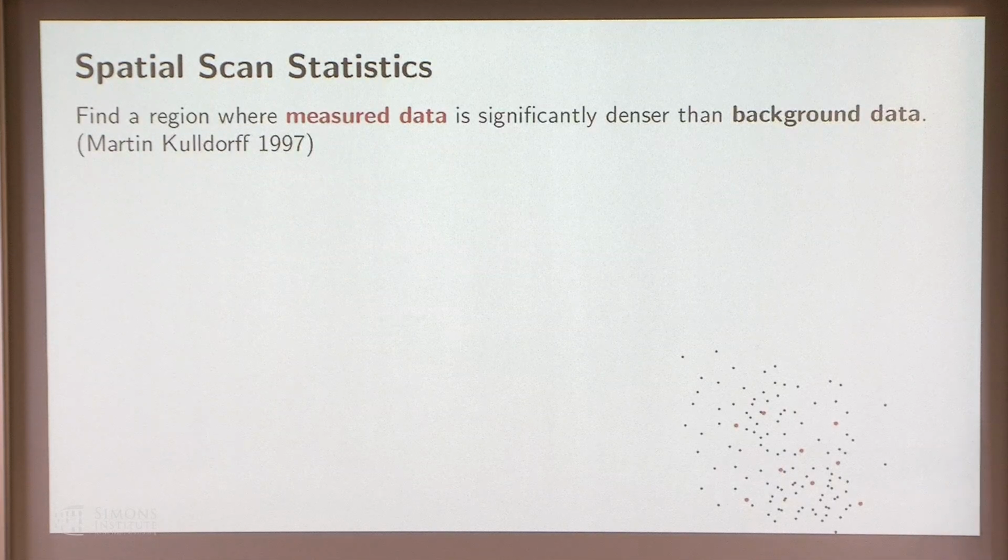So about 20 years ago, something was invented that is now established as the right way to look for these anomalies in measured data on top of spatial data, called a spatial scan statistic, introduced by Martin Kulldorff in 1997. You want to find where the measured data is significantly denser than the background data.